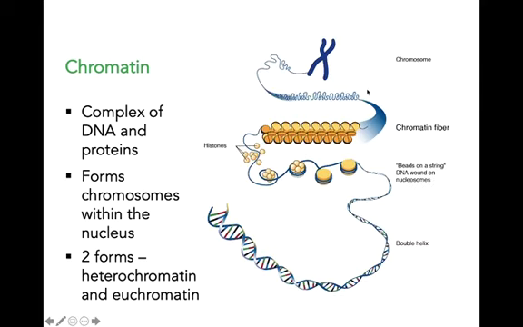So just to show you the structure of the chromatin, we start off with the double helix DNA. This is the double helix DNA, and these are the bases, the base pairs. They are like the rungs of a ladder, okay? And then they are wound around this structure here.